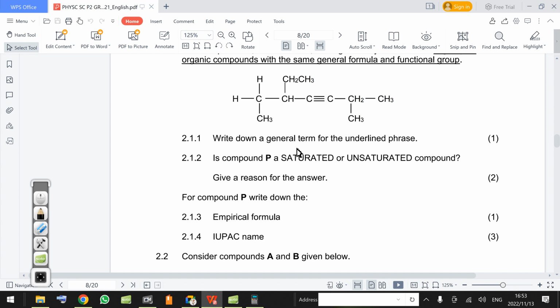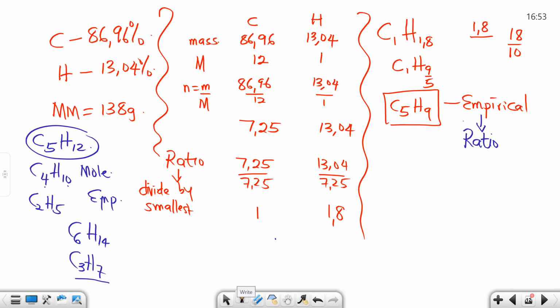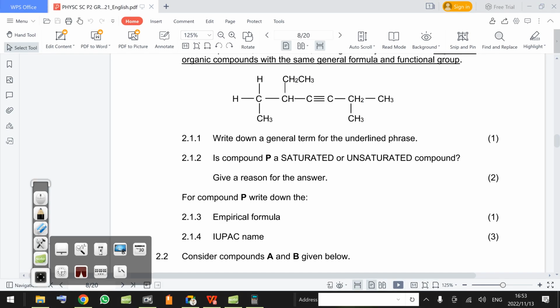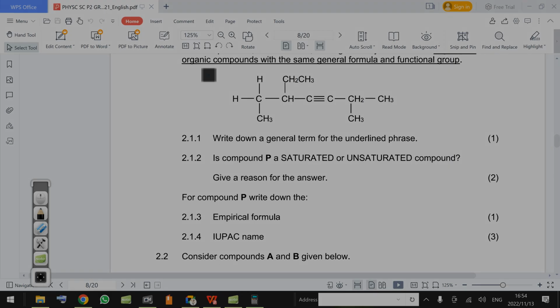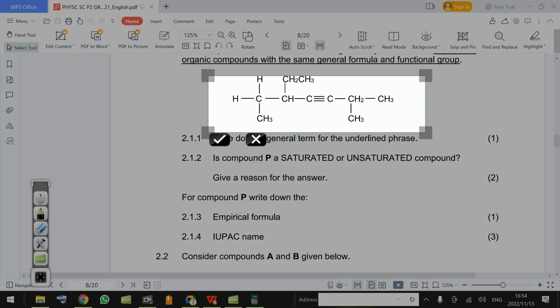They made a mistake. Check this compound. They made a mistake there. So this one will have affected a series of questions, right?